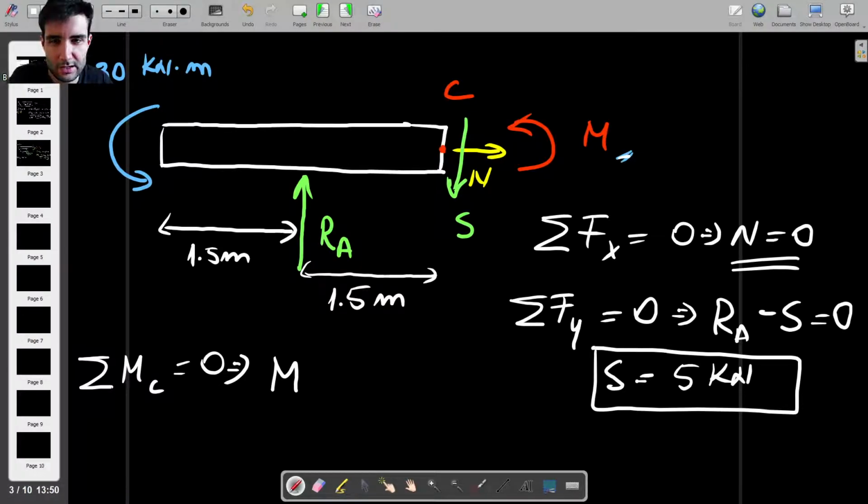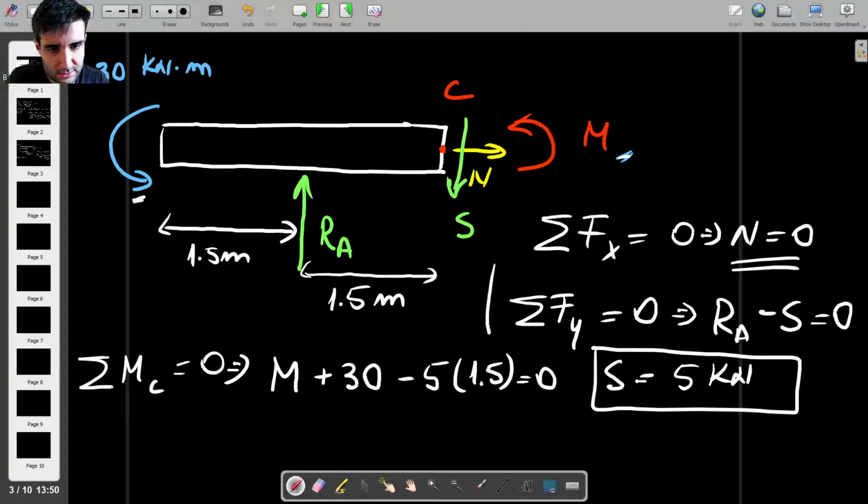And then we have this moment, which is also counterclockwise, so this is plus 30. And the only other force which is producing a moment is RA, so this is producing a clockwise moment. So we have minus RA, but we know RA is 5. And then times the moment arm, which is 1.5, equals 0.